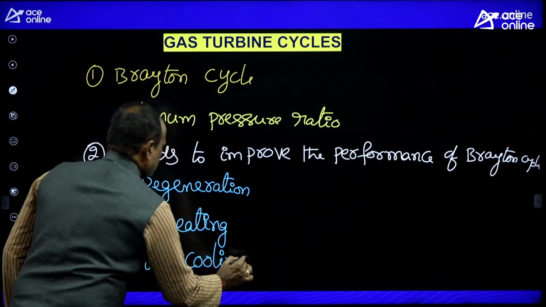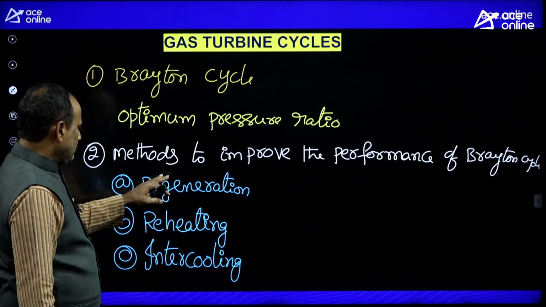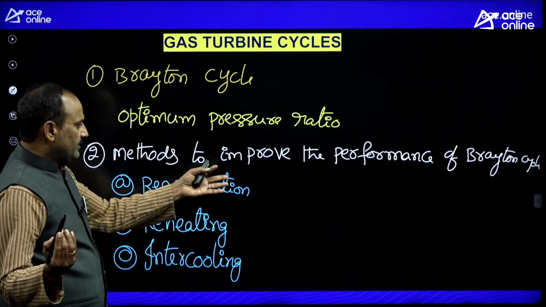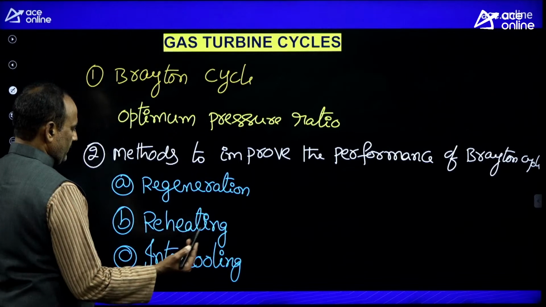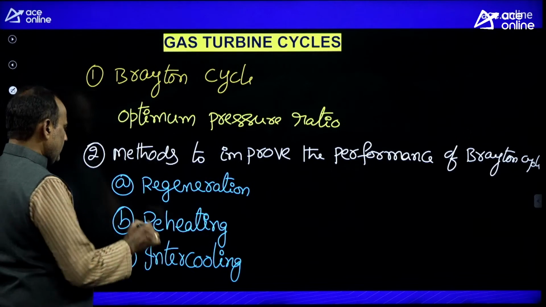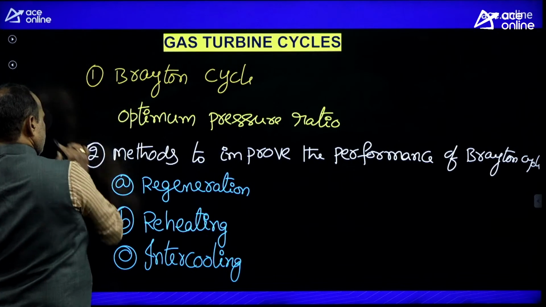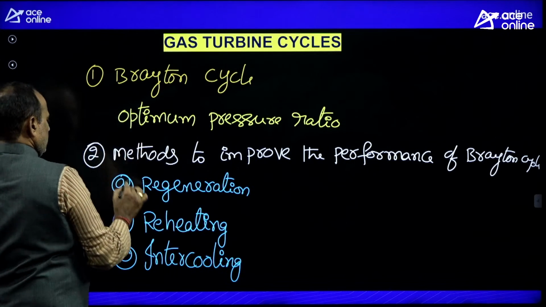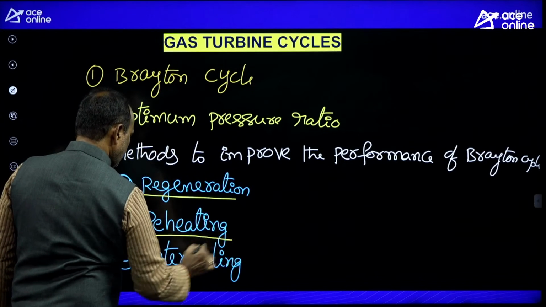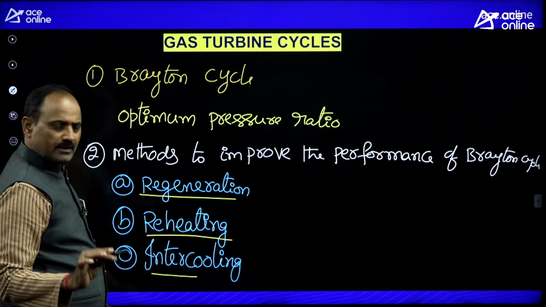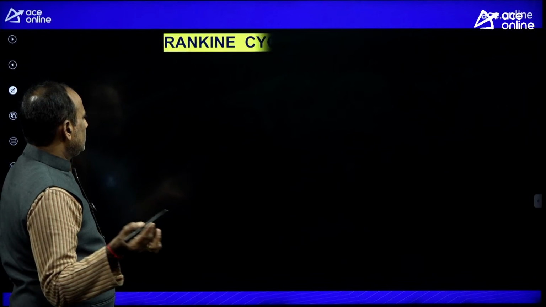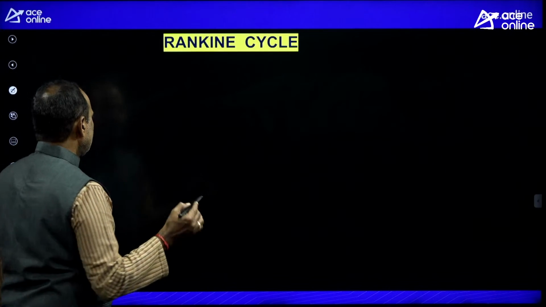You try to practice both theory and numericals for the methods of improving the performance of a Brayton cycle or gas turbine power plant, namely regeneration, reheating and intercooling.